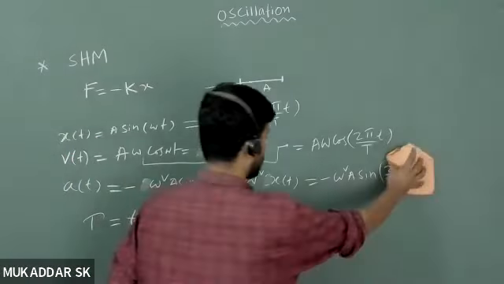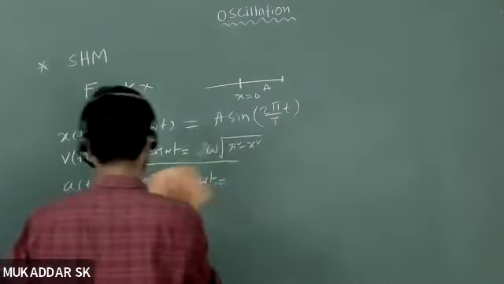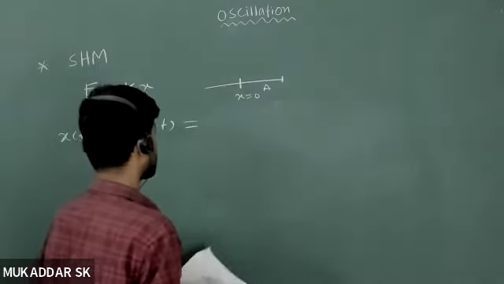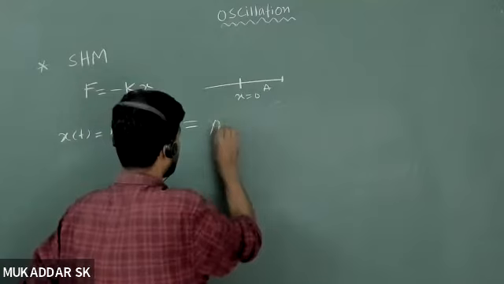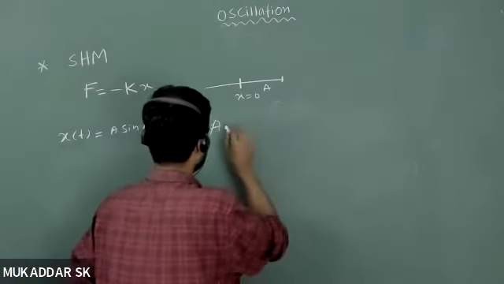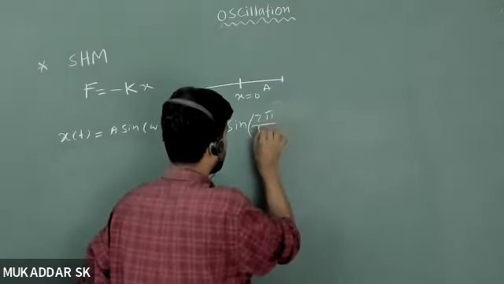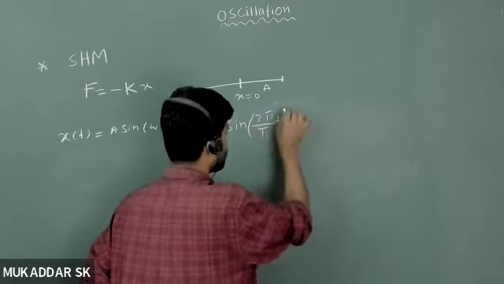So I can easily plot now. First I will plot your x of t. Again I will write this sine of 2 pi by capital T, then small t.